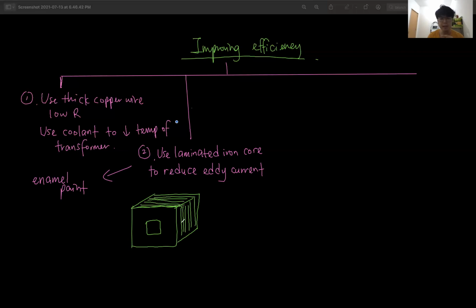There are many layers stacked, and each layer is laminated. Again, this lamination produces resistance to the eddy current, to prevent eddy currents from forming. Okay, number 3.